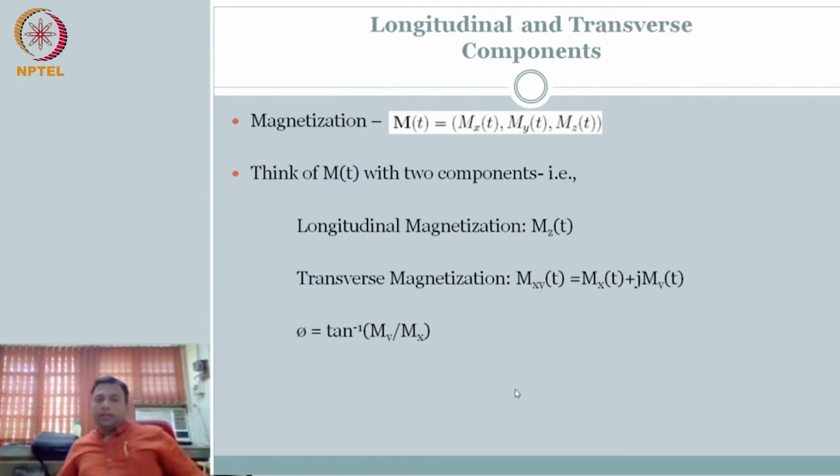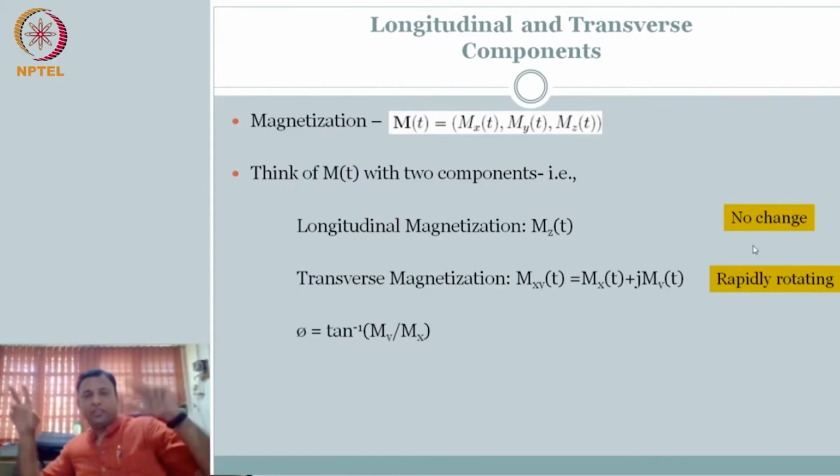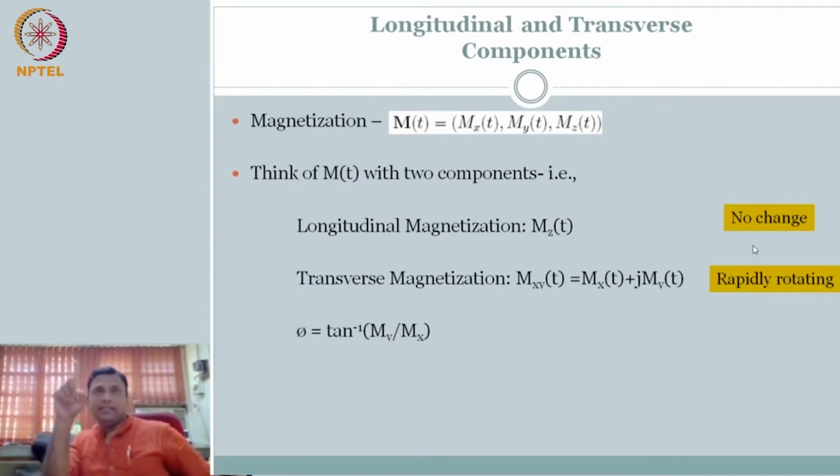You will notice that the z will not change rapidly. Longitudinal magnetization, if you have your z direction, will come to the equilibrium value, for example, after waiting for some time. In the static magnetic field, the net magnetization in the z direction is achieved. Whereas here in the xy, what is happening?